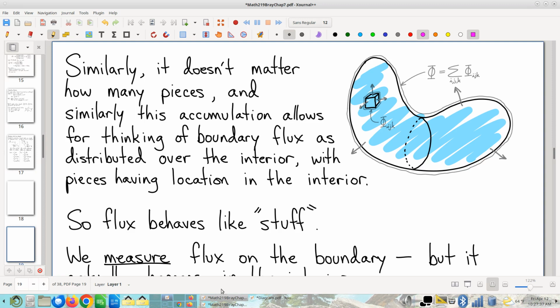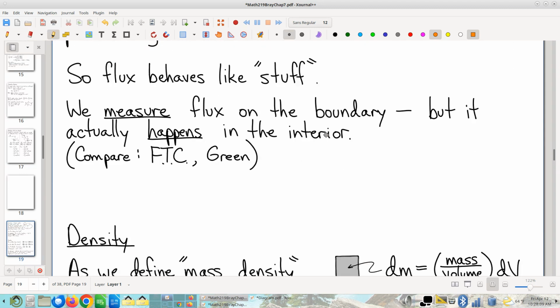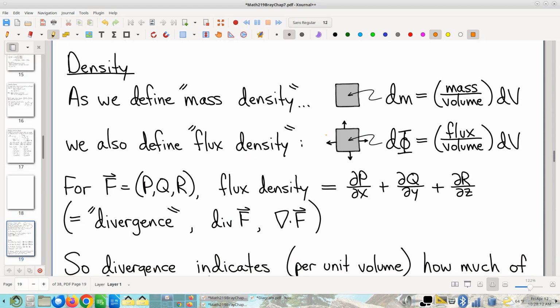Yeah, sure, you compute it on the boundary, but try to view it as if it's actually happening in the interior, and then you can talk about how much of it is in that little box, and how much of it is in this little box next to it, and then in this little box next to that, etc. And as such, thinking of it as stuff distributed through the interior, you can view it as having location, and that's what we need to talk about density.